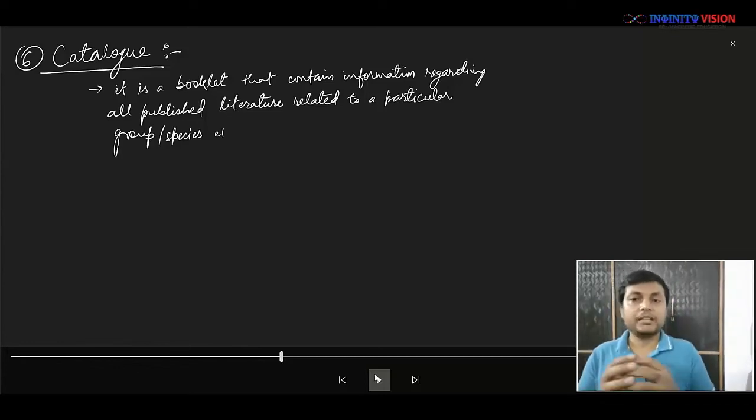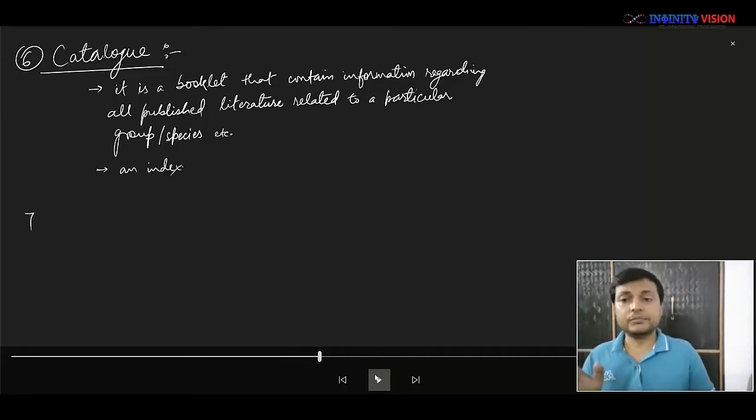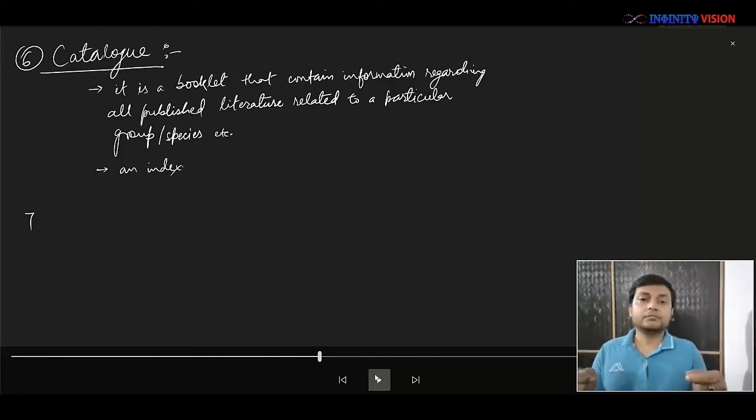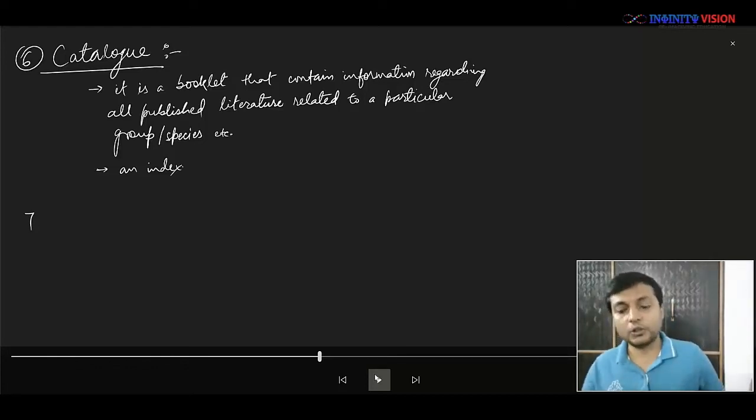It is an index, or a small booklet that will guide you that you can find relevant information about this particular group in this literature or in that book. So catalog is a list of literature regarding a particular taxon or group. So this is catalog.